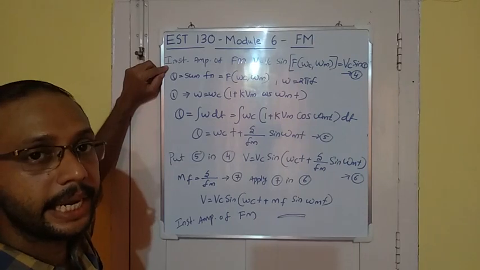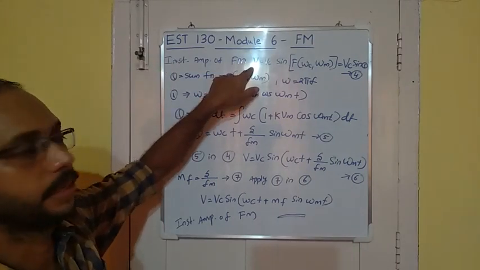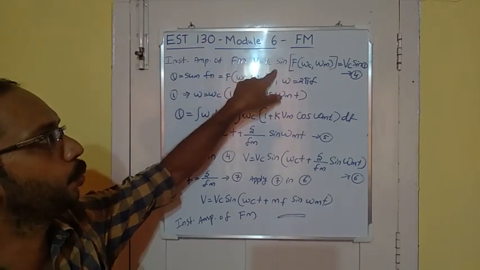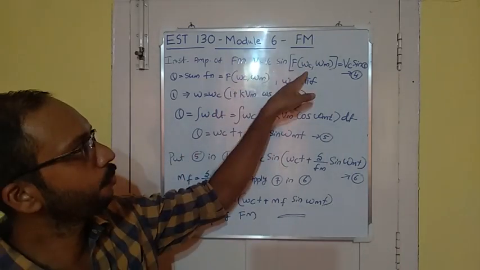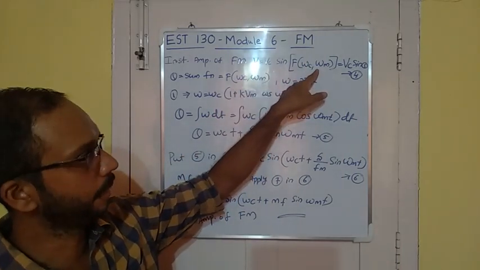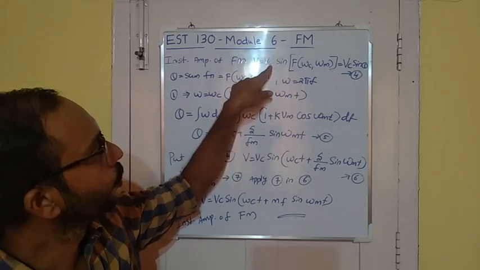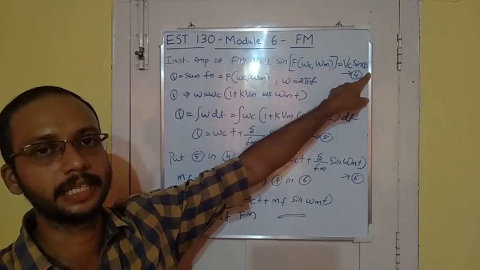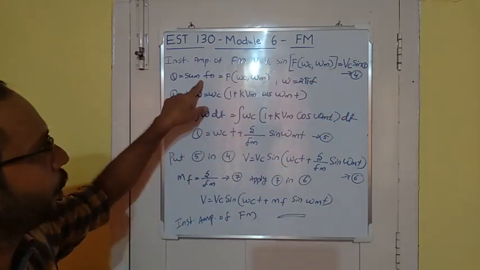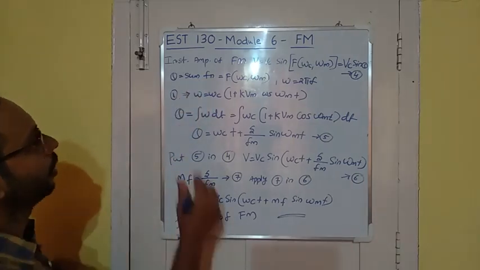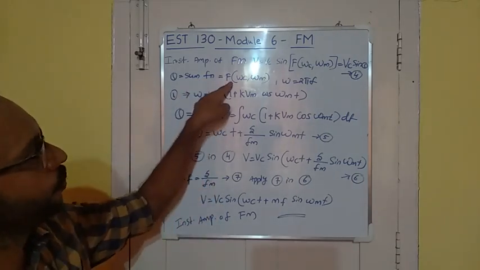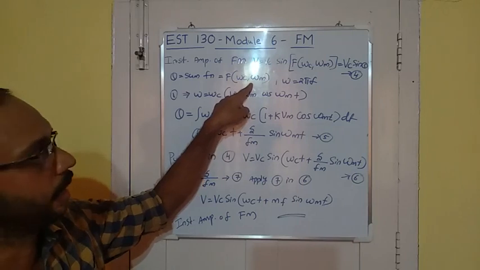Let the instantaneous amplitude of FM signal V is equal to Vc sin f of (omega c, omega m), which is equal to Vc into sin theta, where theta is some function. It is equal to f of (omega c, omega m).